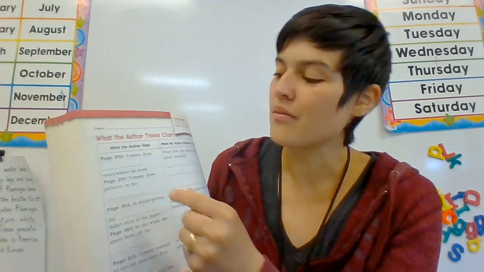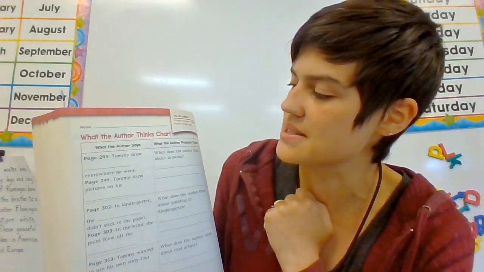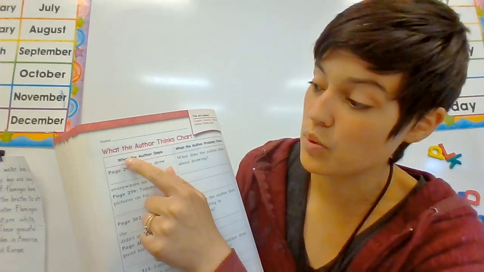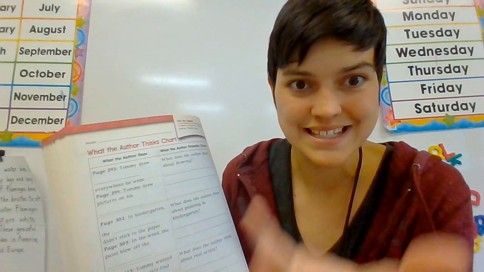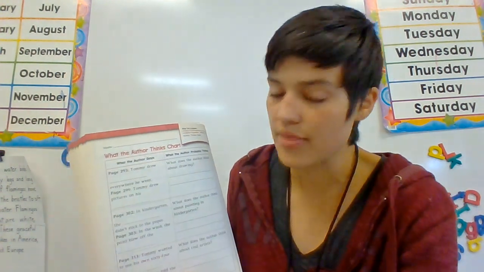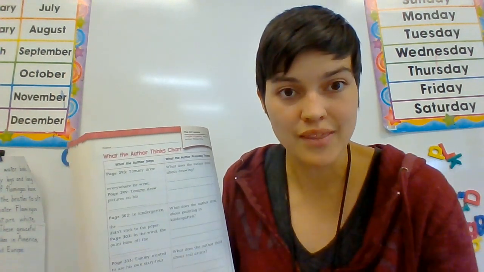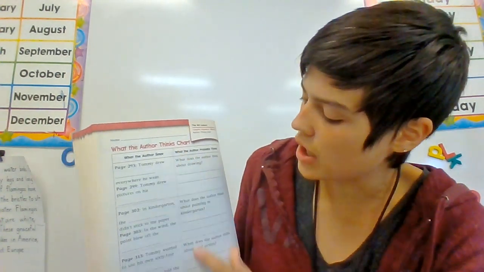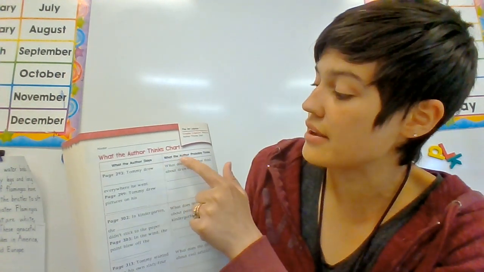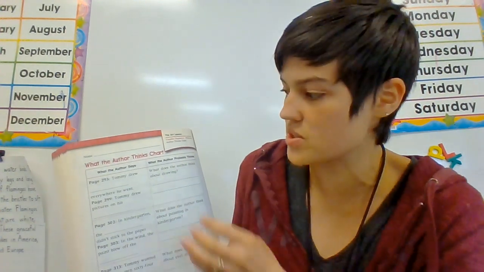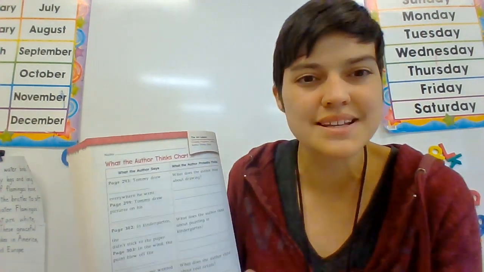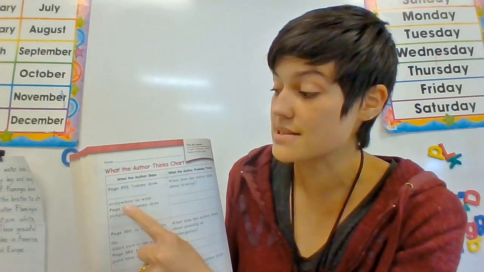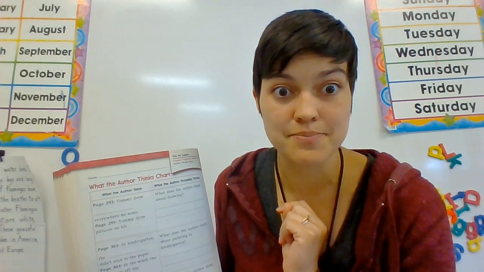First, let's look at the columns. The first column tells us what the author actually says, so what the author says in the book, in the words. And then the right column shows us what the author probably thinks. So it's a place to organize what the author probably thinks based on what the author says.